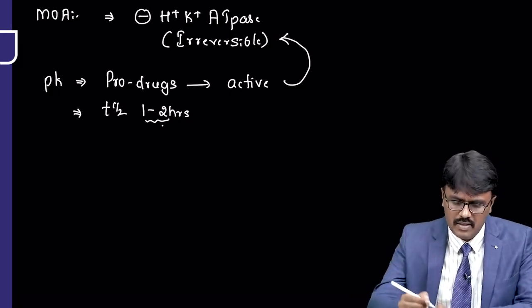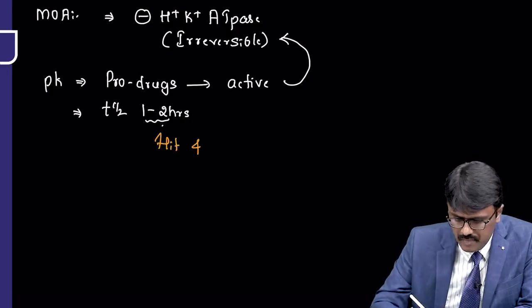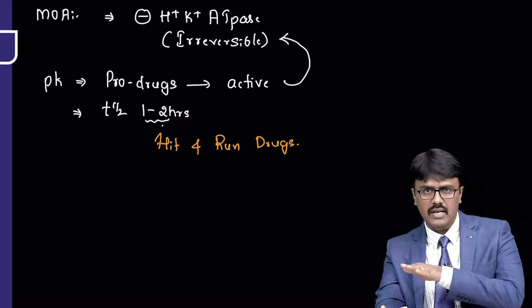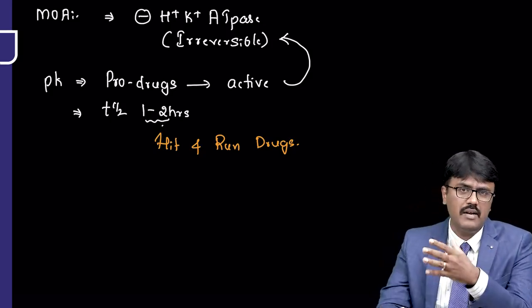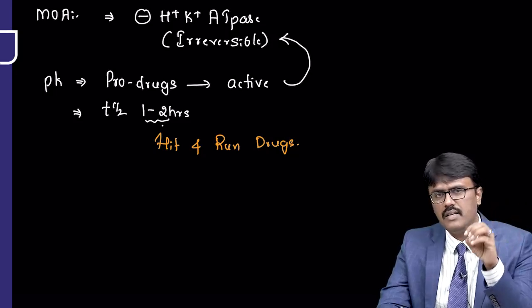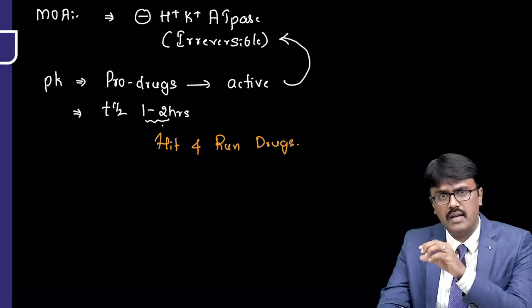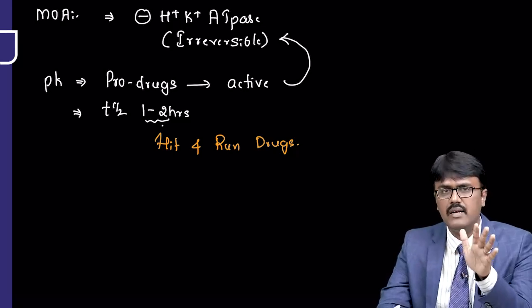This type of action is called hit and run drugs. Somebody hits a pedestrian and moves away. It takes seconds, but the sufferer has to suffer for a very long period. Same thing here: the drug stays in the body for a very short period, but the enzyme inhibition is for a longer period. That's why it is called a hit and run drug.